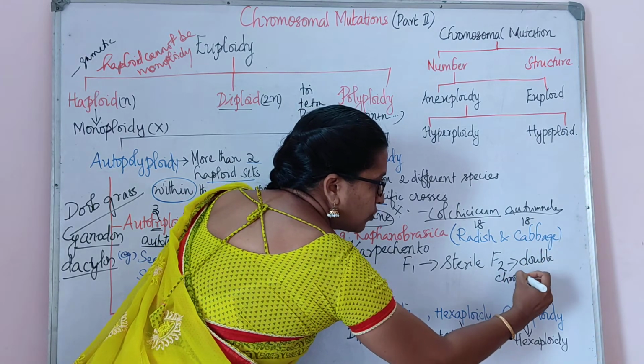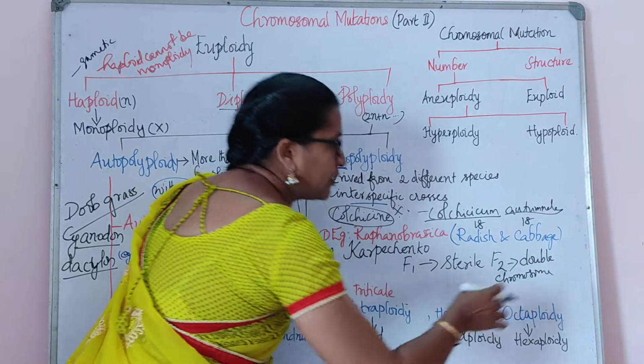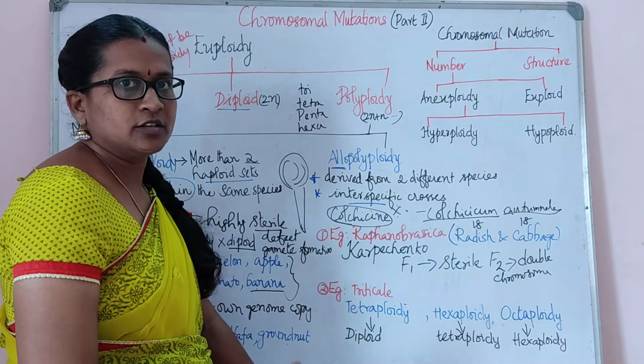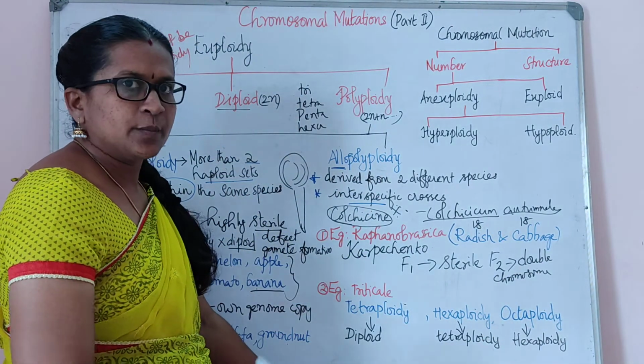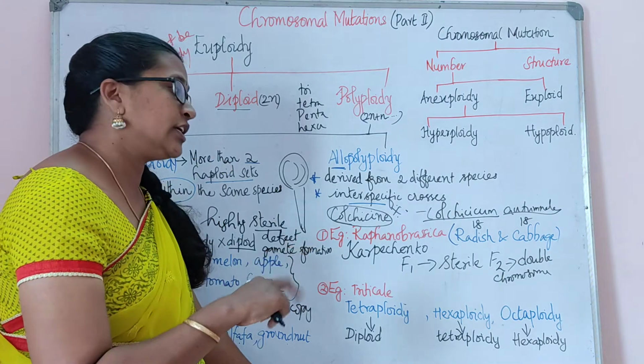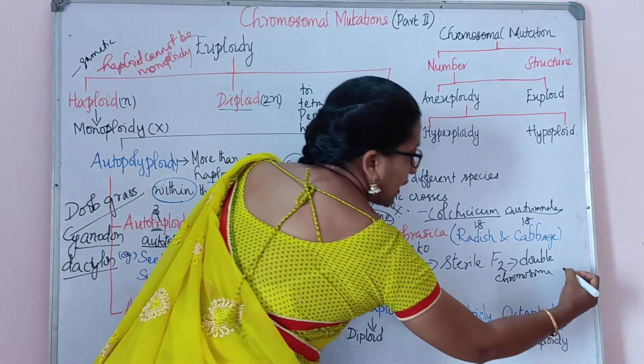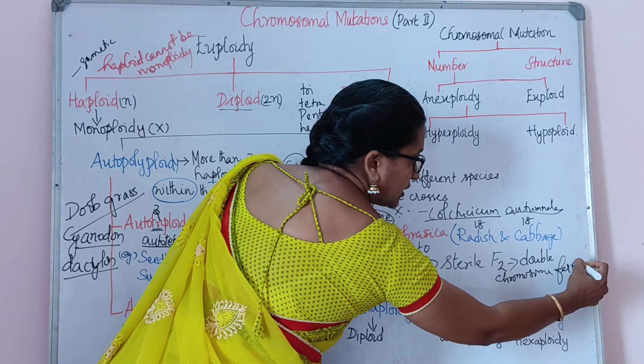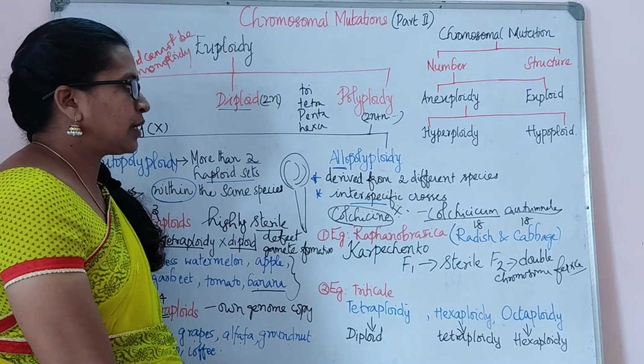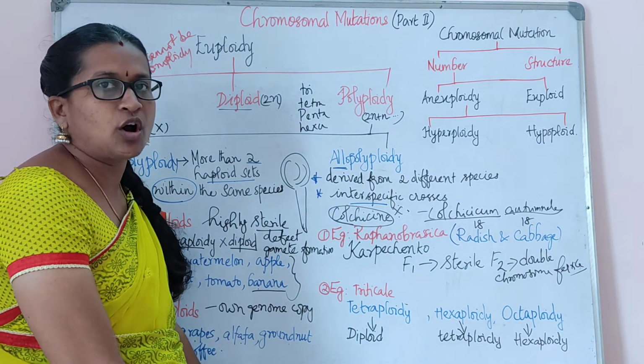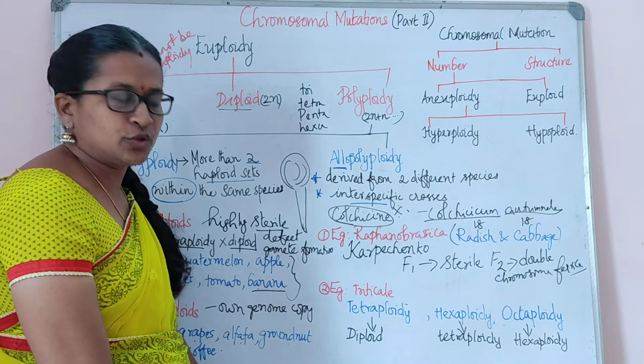When he doubled the chromosomes, the plants became fertile. Okay, in F1 it is sterile, but in F2 when he doubled the chromosomes, the plants became fertile. That is, they can reproduce, but this experiment went vice versa according to him.